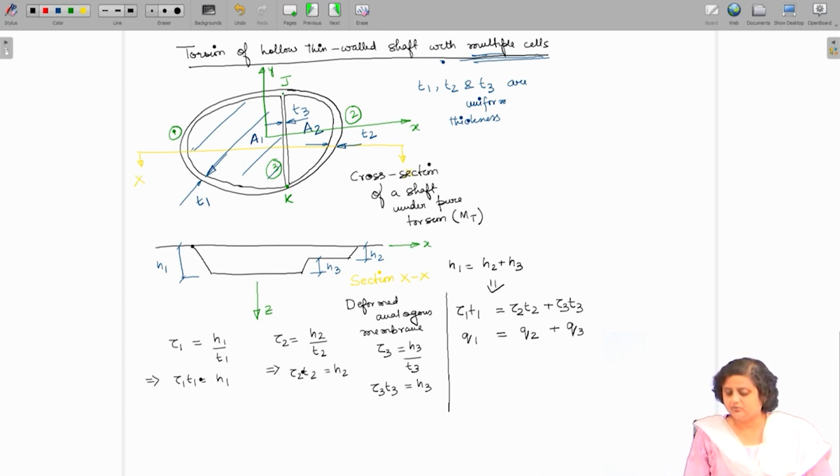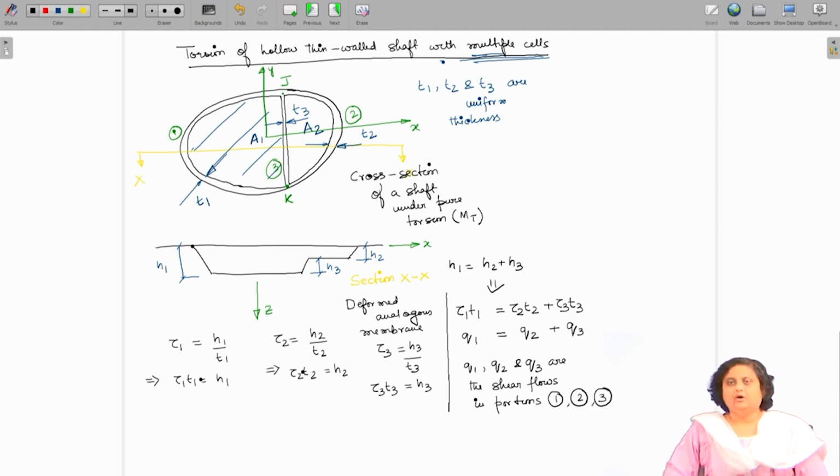So, Q1, Q2, Q3 are the shear flows in portions 1, 2 and 3. Right, so this is what we get from the membrane analogy.